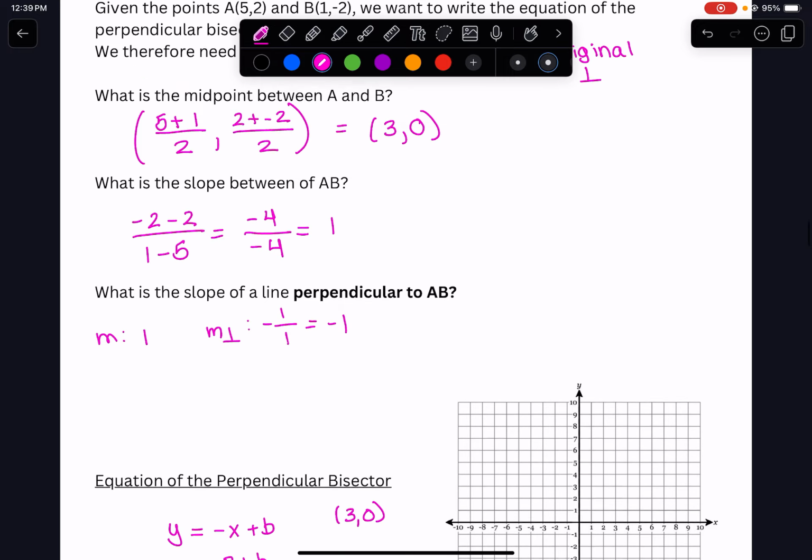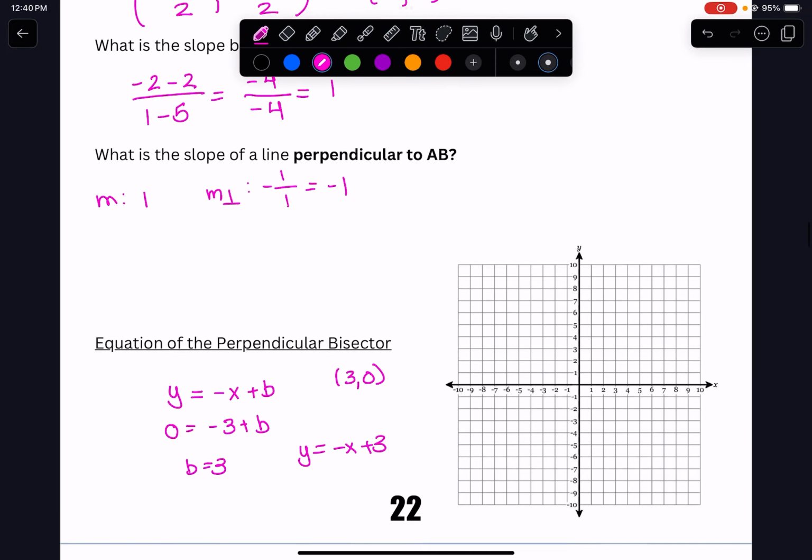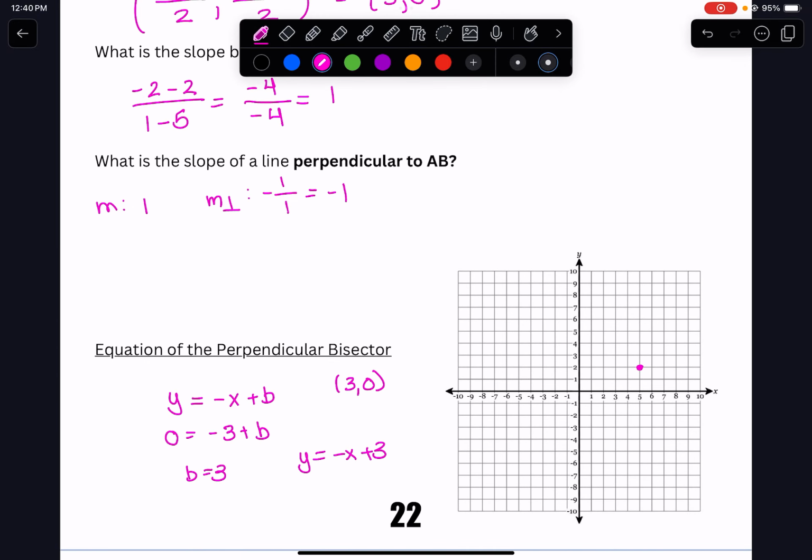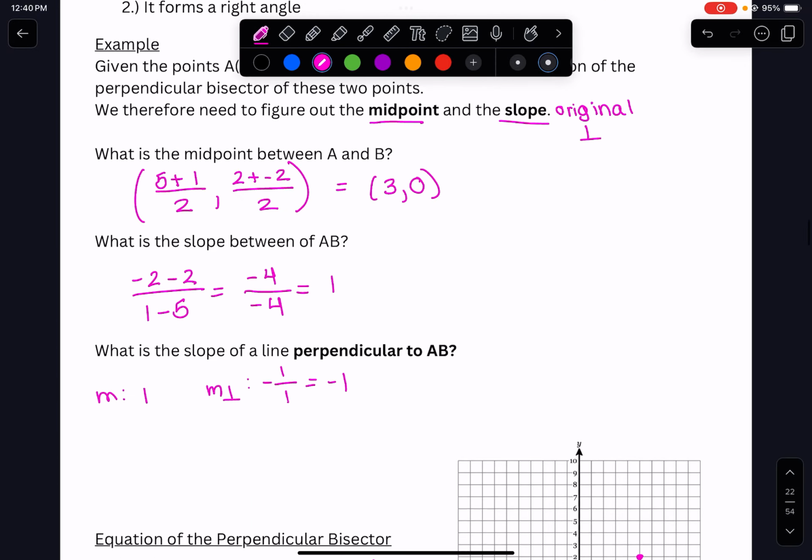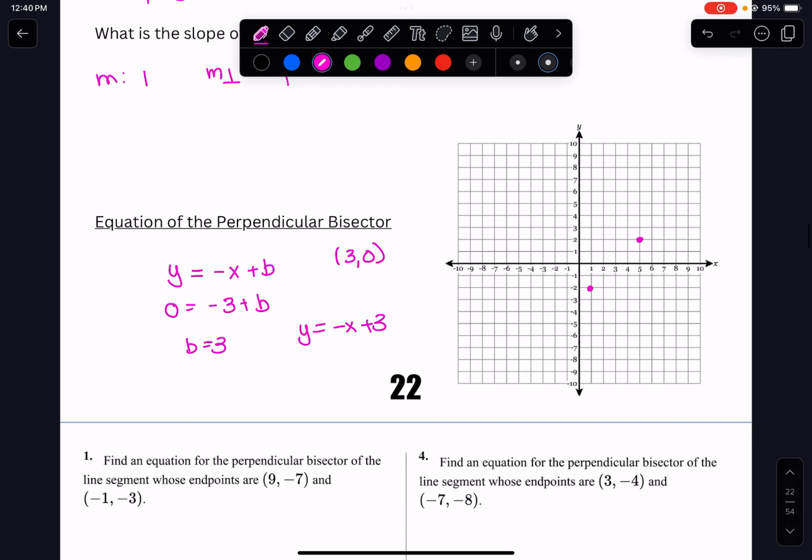And we can graph these just to look. So we're at (5, 2) and (1, -2). So this is our original segment, AB. And now we're saying that our perpendicular bisector is this line, y equals negative x plus 3.